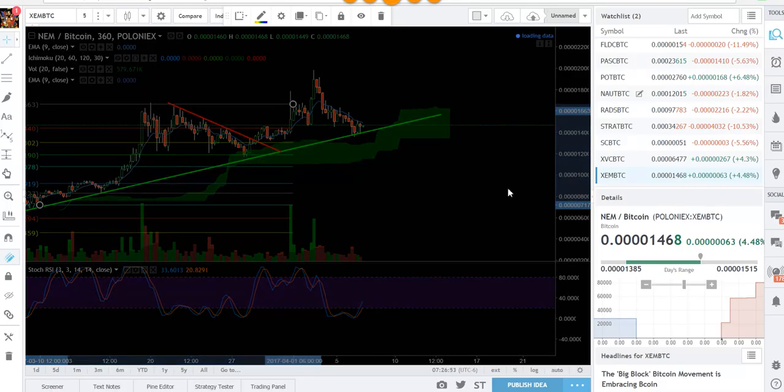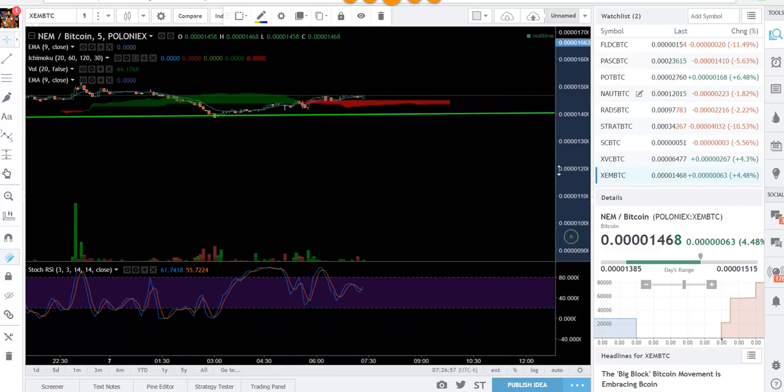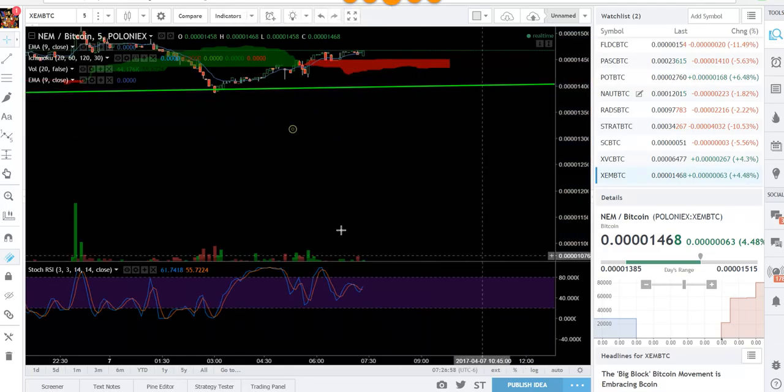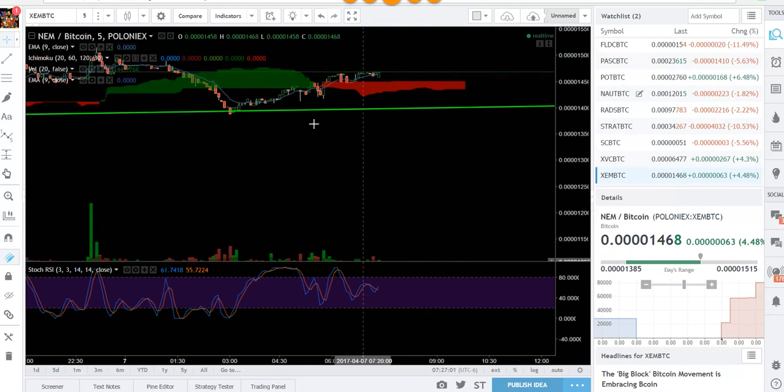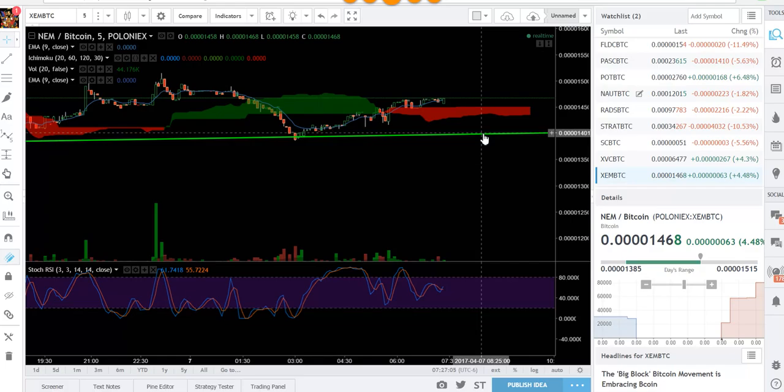We may want to stick to riding the trend, buy this thing when it hits the trend or the cloud line, and play it like that. And even here, same way.